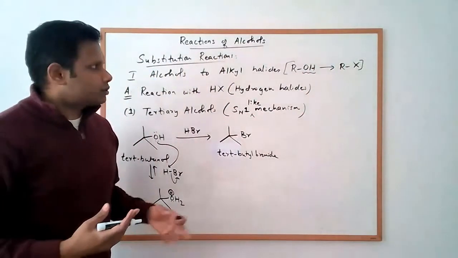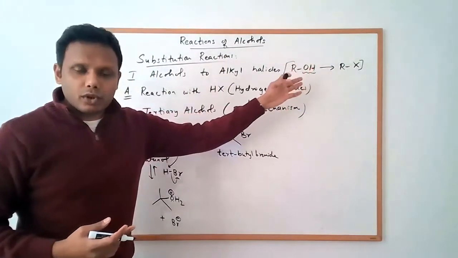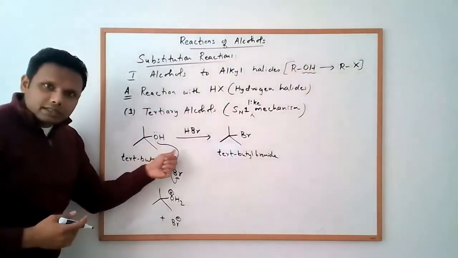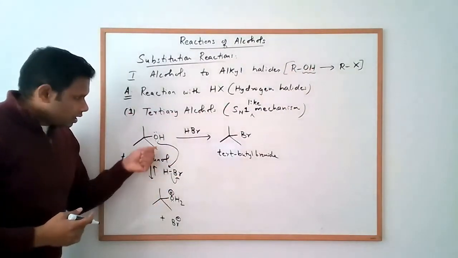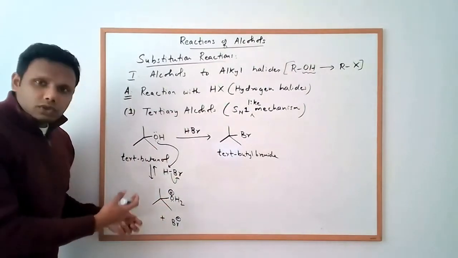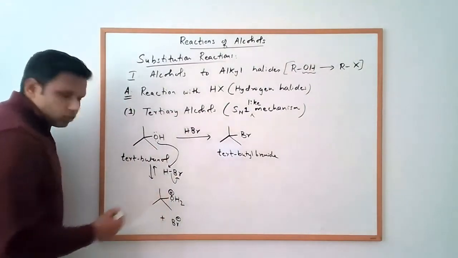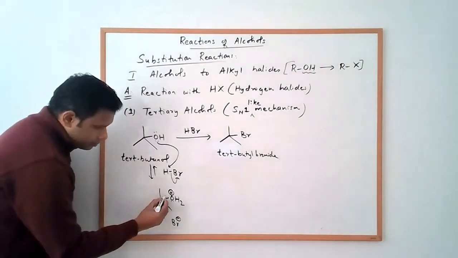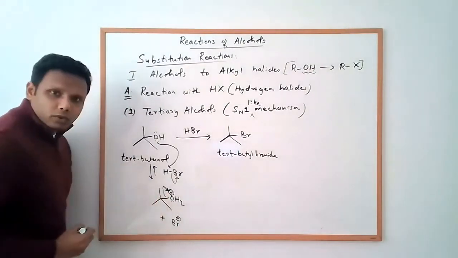So it's a substitution. But we know that a hydroxyl group is not a good leaving group. And so essentially what's happening here is that the hydroxyl group is getting protonated, which converts it into a good leaving group. Now, once this is a good leaving group, it can go ahead and leave.